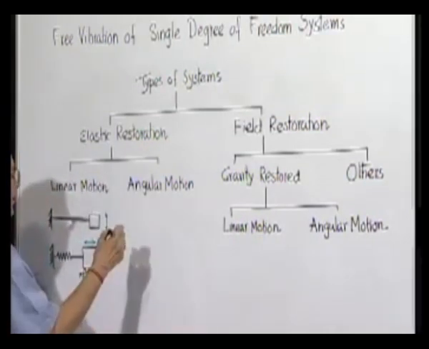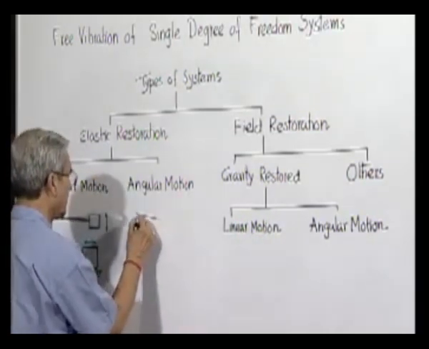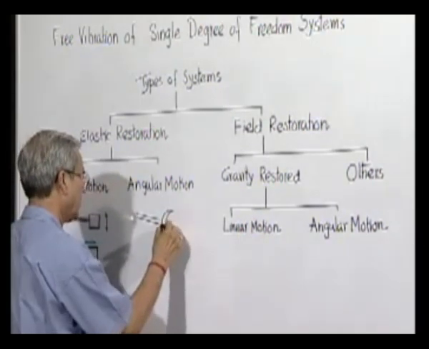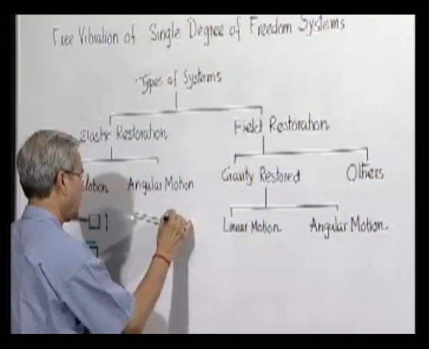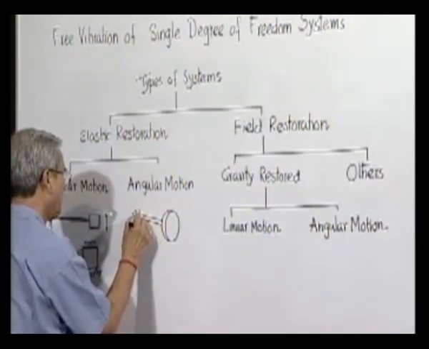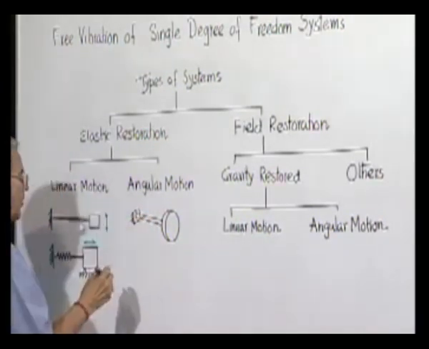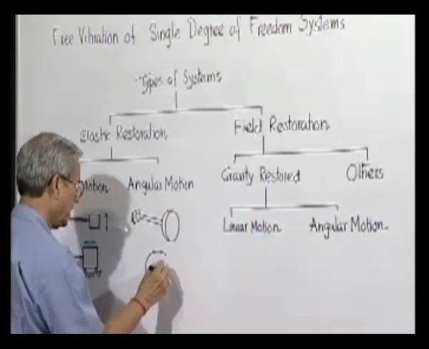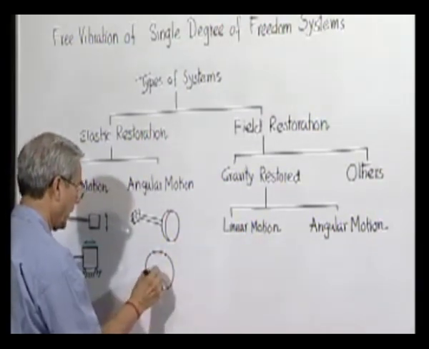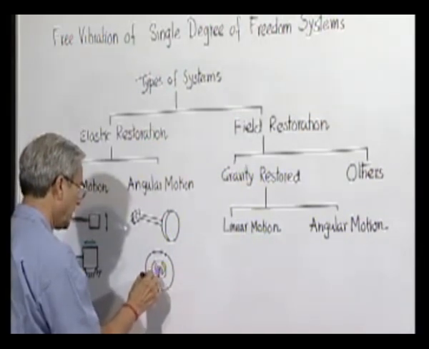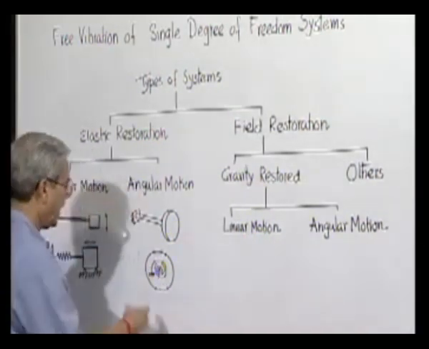In case of angular motion, it is something like that: a disc mounted at the end of a shaft, the other end of the shaft being rigidly mounted, or simply the model we can have is a torsional spring and an inertia.